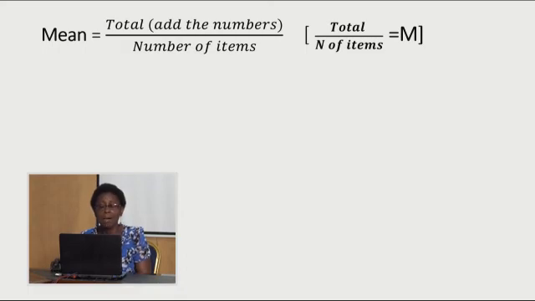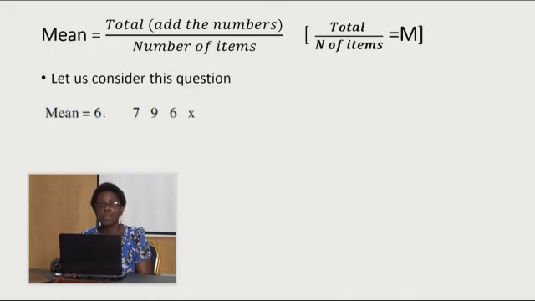Now, let's do something a little bit more challenging. Let's consider this question. The mean is 6. You've got 4 numbers there, but one number is missing. So you've got 7, 9, 6, and X. X stands for the missing number.